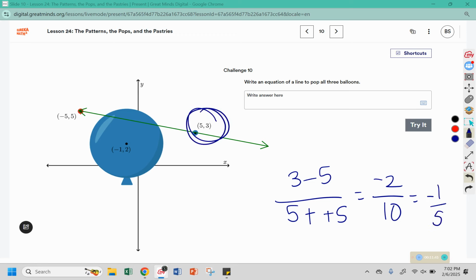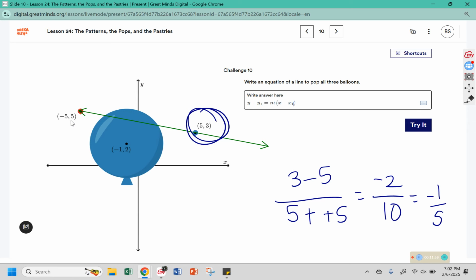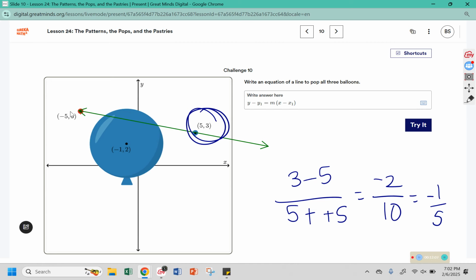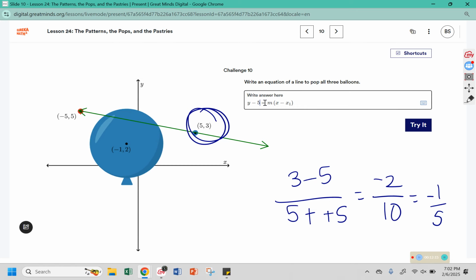And then we can use one of these points to write it in point slope form. Using these points, we're going to replace the y value with a 5 and the x value with a negative 5.